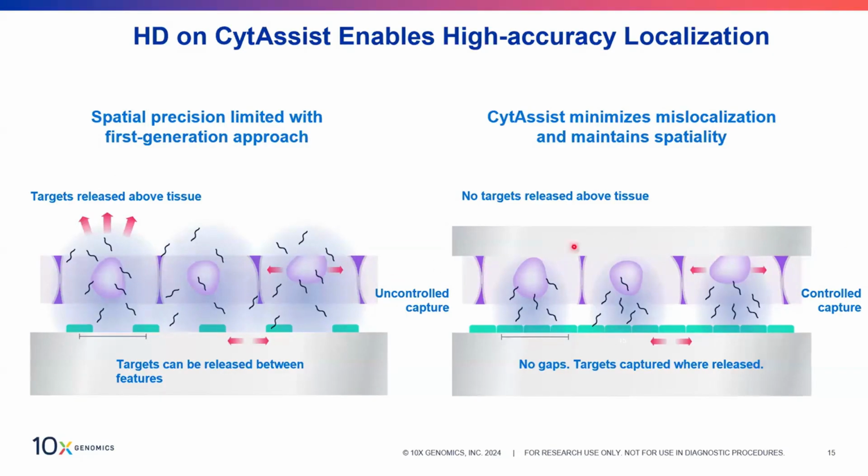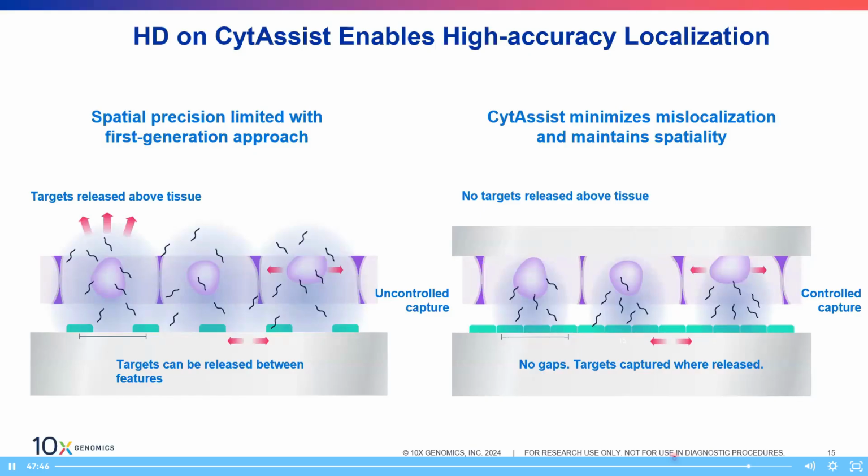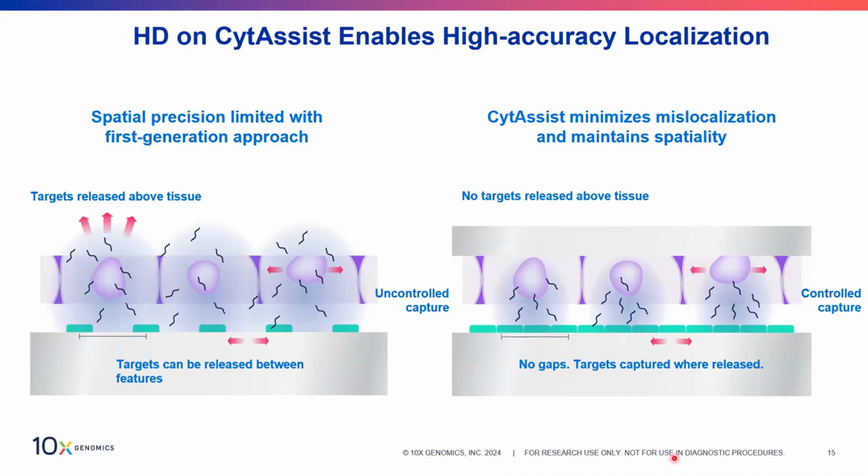With the Site Assist you direct this onto the exact area where you want it, in a small cleft between these two slides. So this is why this is important. If you have a high resolution like this, you don't want anything to swim around uncontrolled. This is why the Site Assist is necessary to have this absolutely controlled capture for Visium HD.